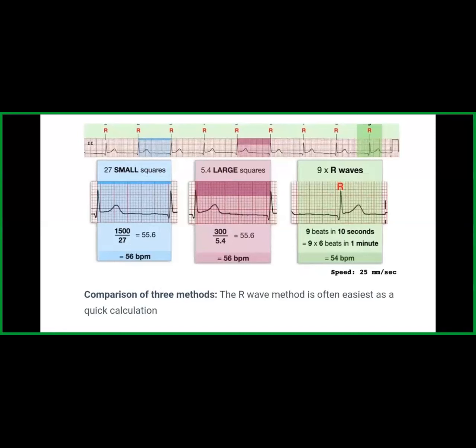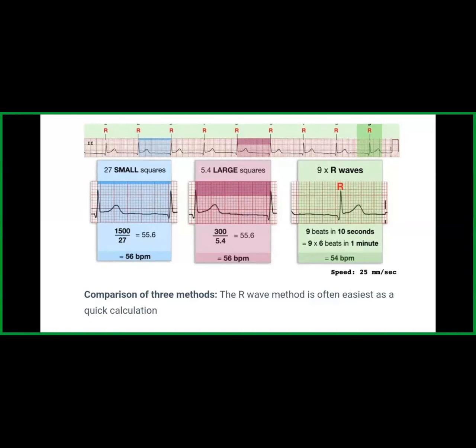So we go for 10 seconds, and in these 10 seconds in this ECG which is shared above, we can see that there will be 25 larger squares, and in this 10 seconds we see that there are 9 RR beats.